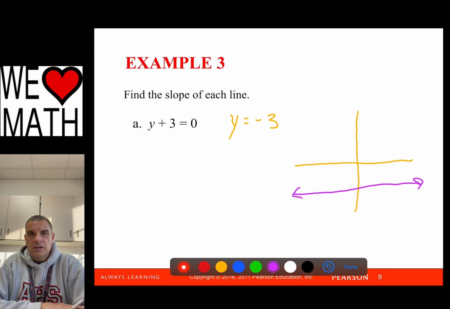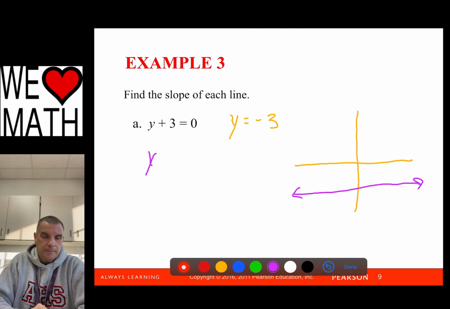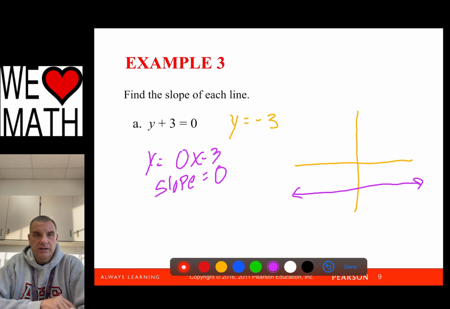This doesn't have a slope, okay? So the slope of this line, anytime you have a y equals, the slope is 0. Okay, so the slope of this is going to be 0, because you've got 0x minus 3 here. So the slope of this is 0.